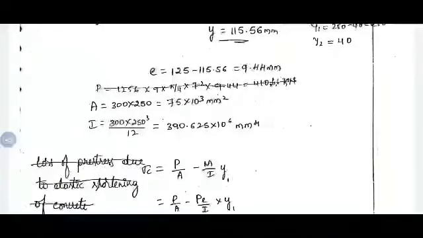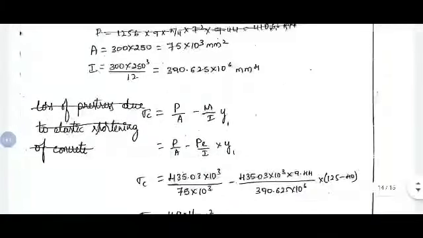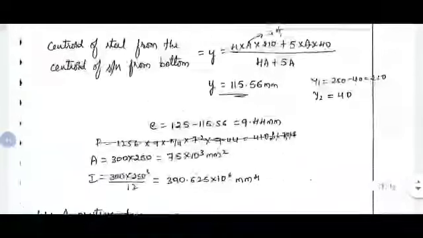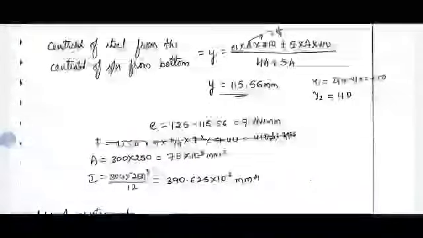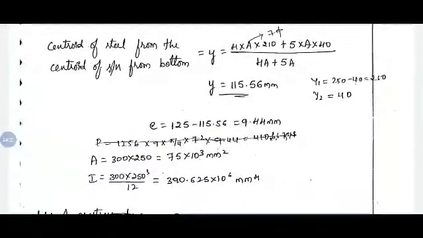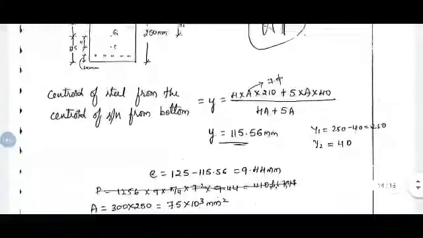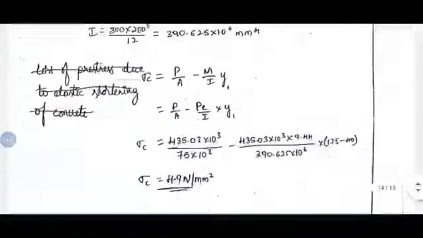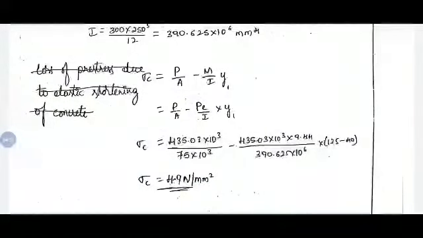So first we will consider top layer. Both y1 and y2 will remain same because the effective cover is 40 mm at top as well as at bottom. So with respect to centroid, the distance will remain same.